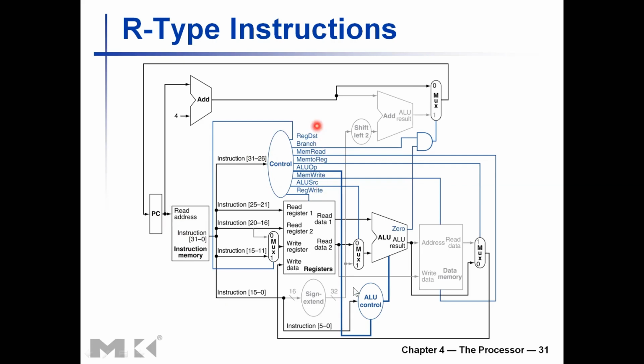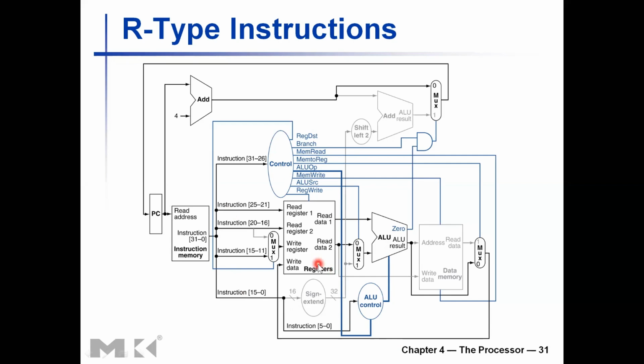Then it'll also need to look at the least significant 6 bits, that is the instruction word's bits 0 to 5, which is the function field. The function field is needed to generate the signal to select what operation you need from the ALU. So the control unit will look at the instruction and generate all these control signals.